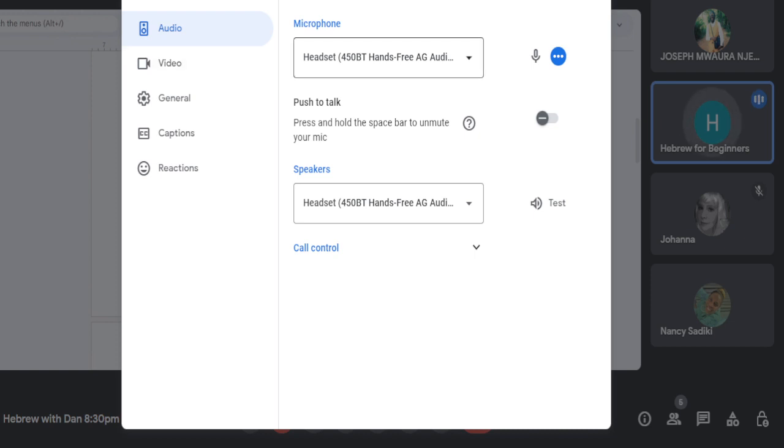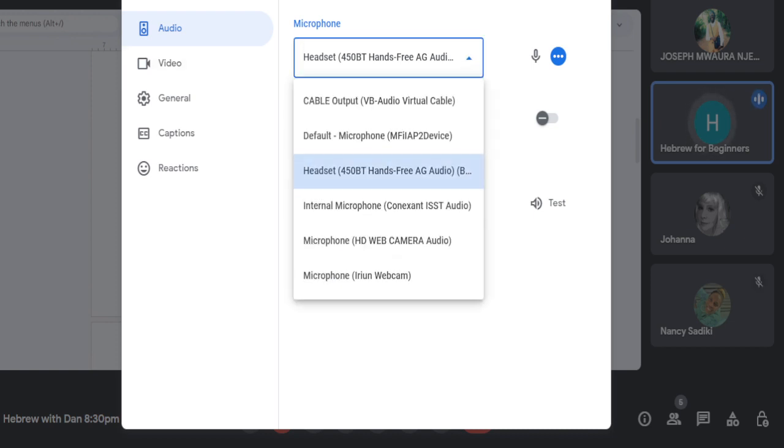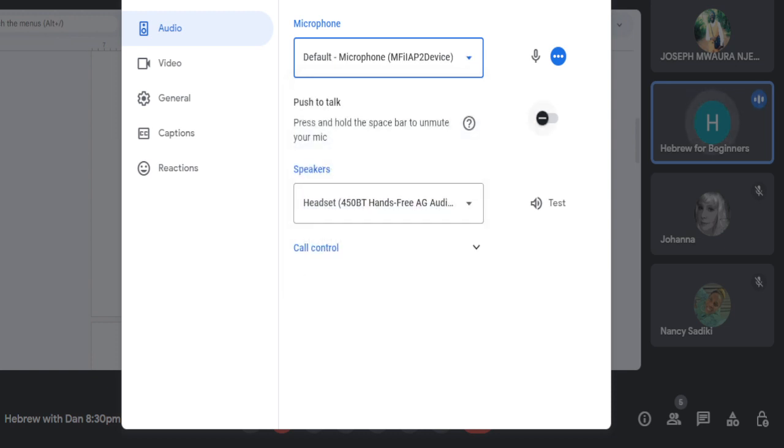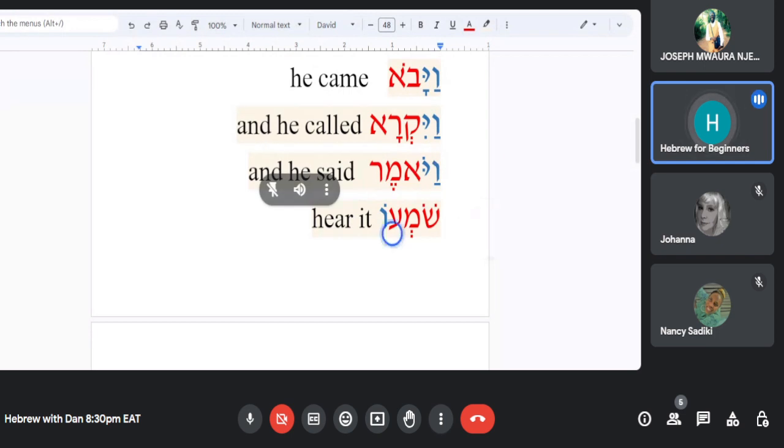We had a bit of a challenge with this one in the previous class. There are a couple of things going on. There's the possibility of wanting to pronounce the vet as a vet rather than the entire combination as a cholam. You didn't have that issue, but for a moment there you were seeing a resh.